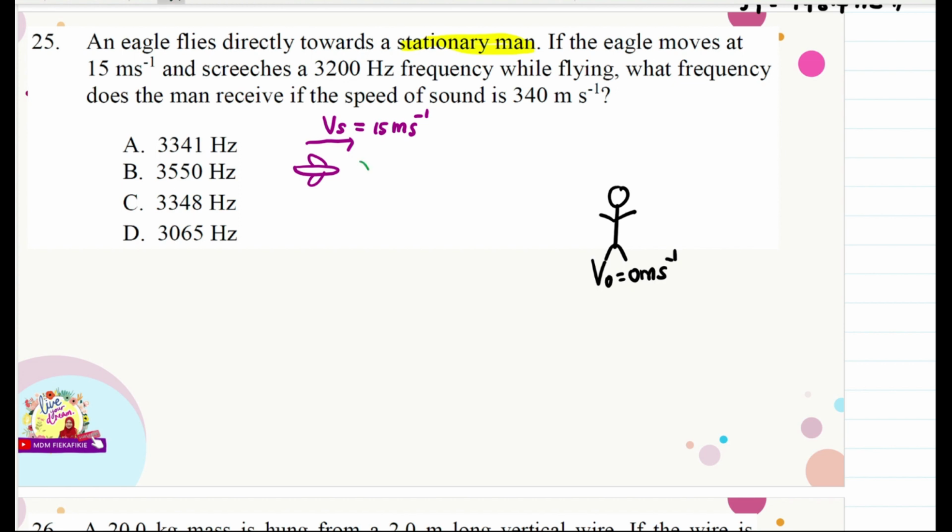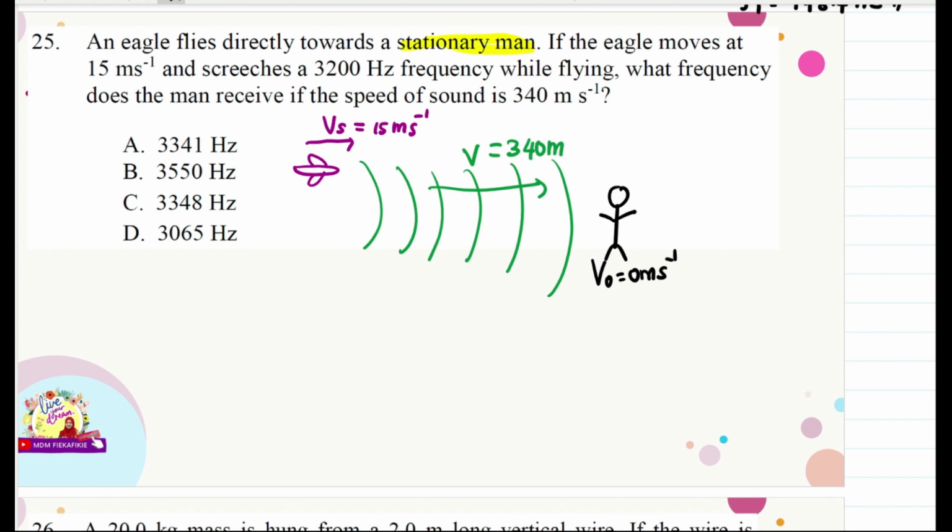Bunyi dia mestilah didengar oleh siapa? Mesti didengar oleh lelaki ini. Given that the speed of sound in air is 340 meter per second, and the frequency of the sound is 3,200 Hz.